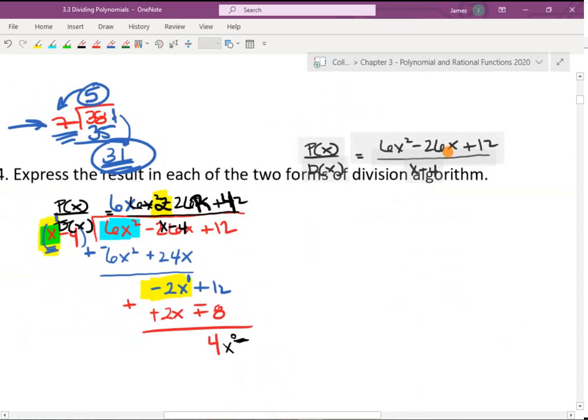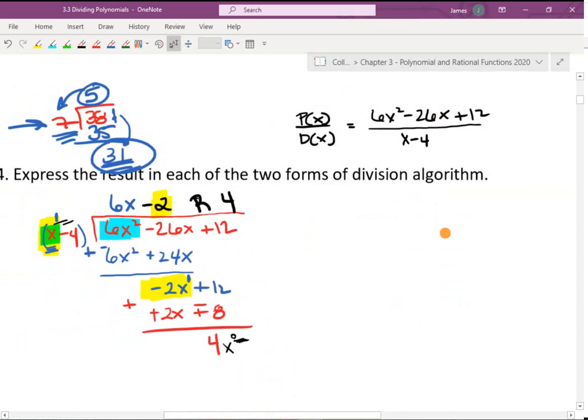So we started off with that thing there, which our algorithm above in that blue box that we talked about said P of x over D of x should be the same thing as the quotient plus the remainder divided by the divisor.